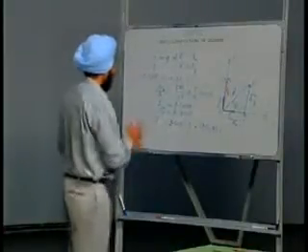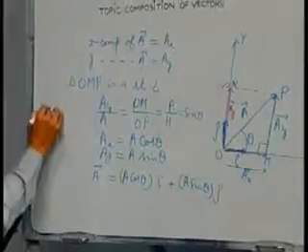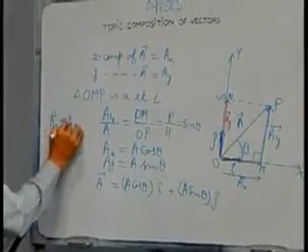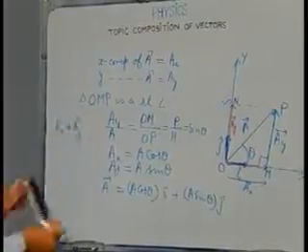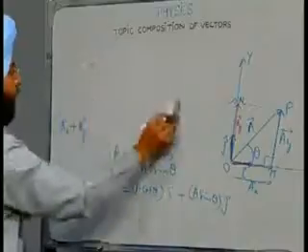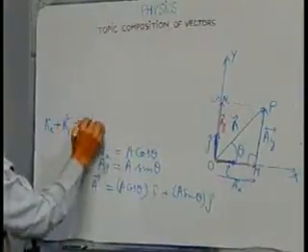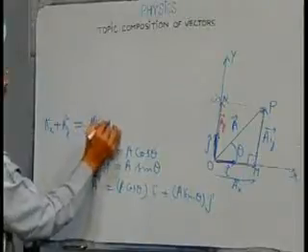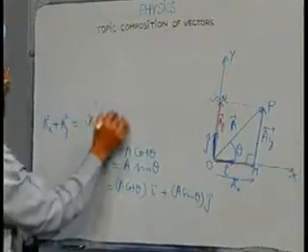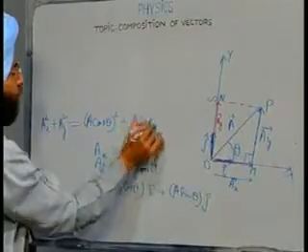Now, if we add the squares of AX and AY, AX square is A cos theta square plus A sin theta square.